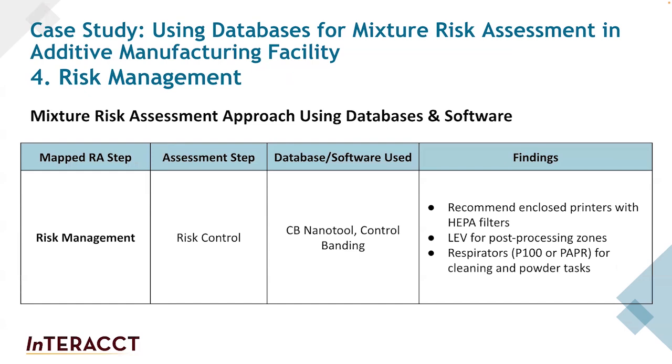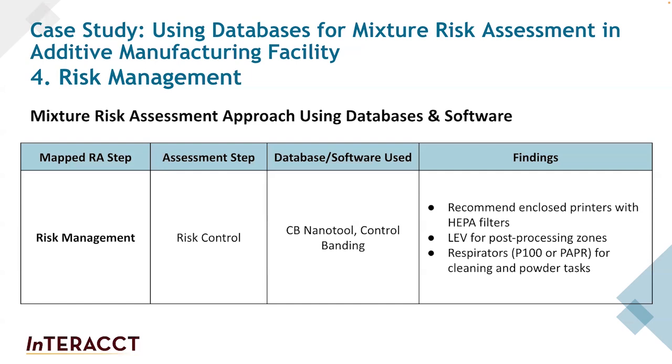In the final stage of our case study, we focus on risk management, where the goal is to recommend effective control measures based on the findings from the earlier assessment steps. Using the CB Nano tool and control banding, we identified targeted strategies to reduce exposure.